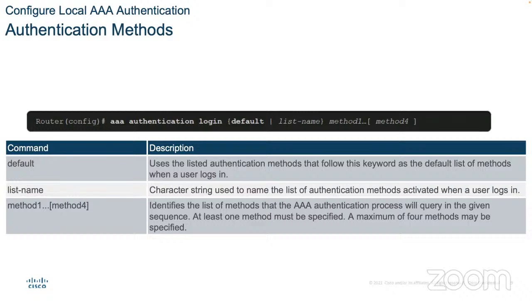So in this example, you have the command to enable it. Do you want to enable it on the console, on the auxiliary, on the virtual lines? The default keyword applies to authentication to everything. Alternatively, you could have authentication methods that can be configured using something like a list name.